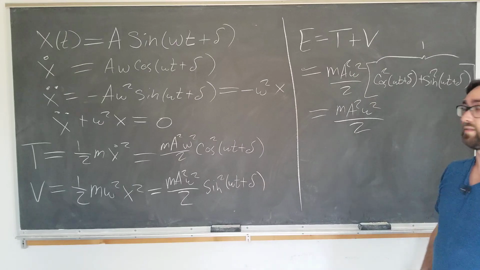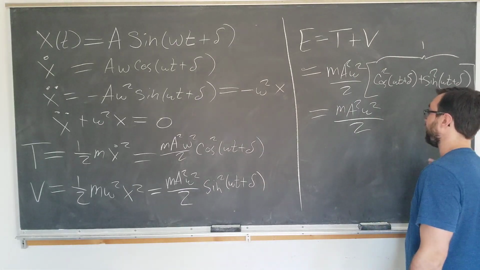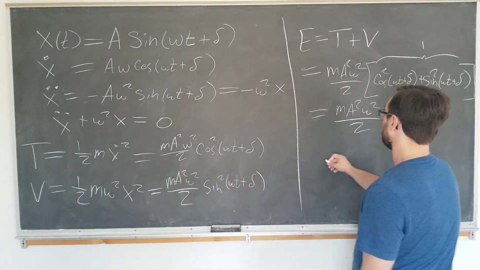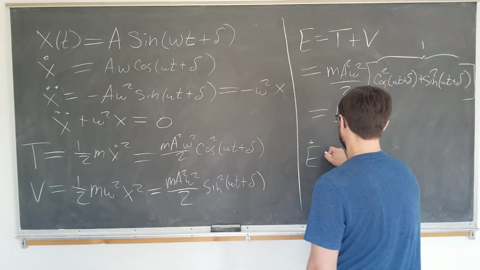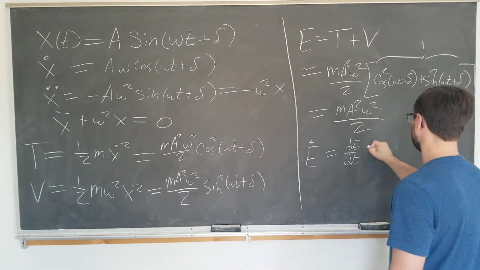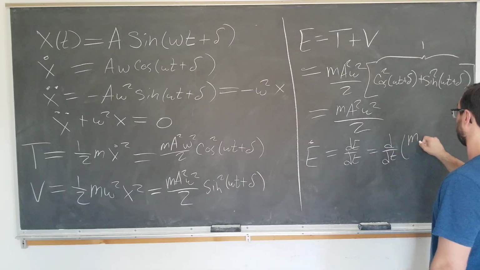Now we want to take the time derivative here, but wait, there's actually no x's or anything in the final answer. It's a constant. So if we look at our time derivative of E, which is dE by dt, which is going to be the time derivative of this that we just had up here.